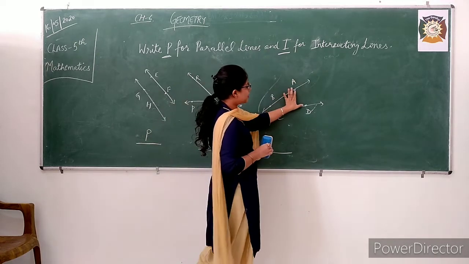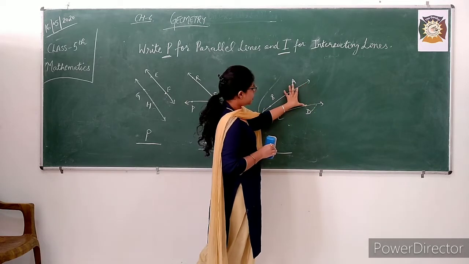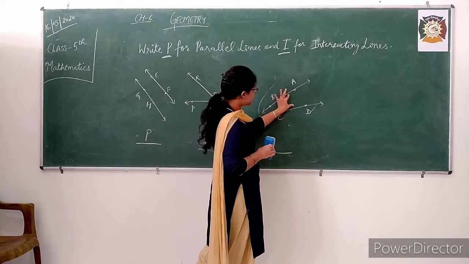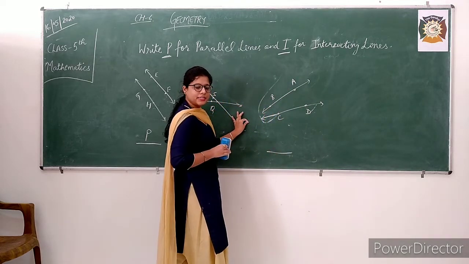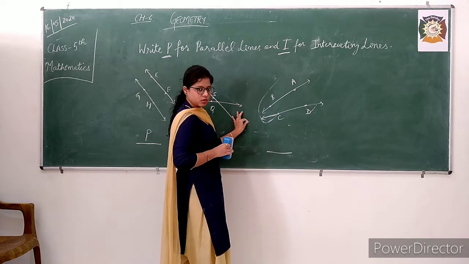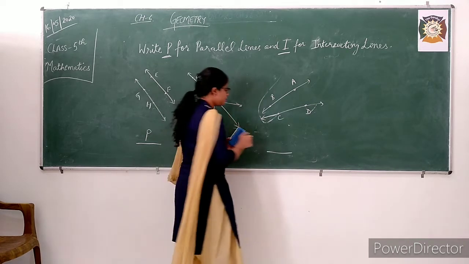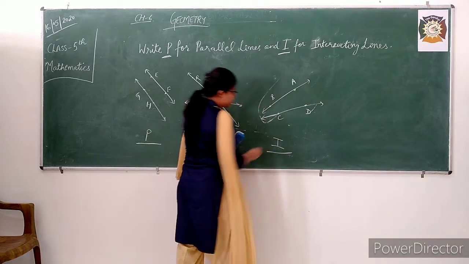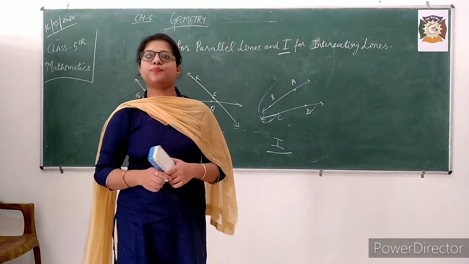Also, the distance between these two lines is not the same. Here the distance is large. Here it is getting smaller, even smaller, and then at some point they meet each other. So these two are intersecting lines and not parallel lines. Please do it carefully. So it is I, that is intersecting lines.